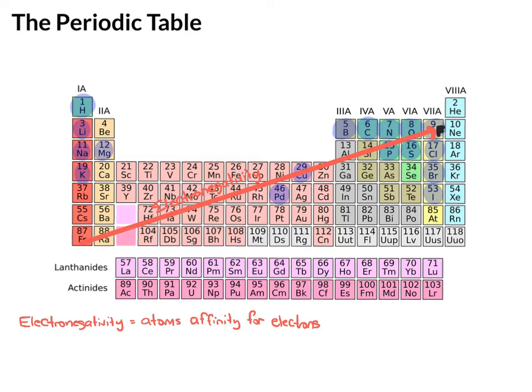The second trend is atom size. And as you go down a column on the periodic table, you increase in atomic size. Something else to remember about a group on the periodic table, so a group is just a column: remember that atoms in the same group will have similar chemical properties.